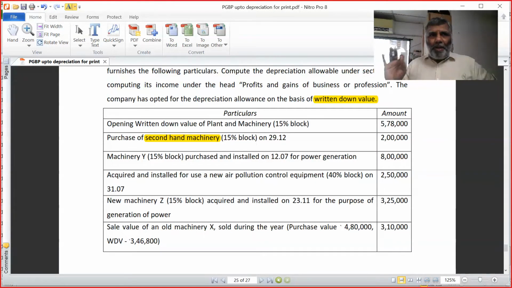It is available for plant and machinery, so you can claim additional depreciation for that also. For second hand machinery, you cannot claim. The other two machineries are one on 12/7 and another on 23/11. Go ahead, friends, try it out.